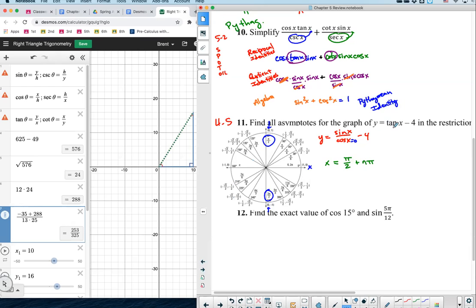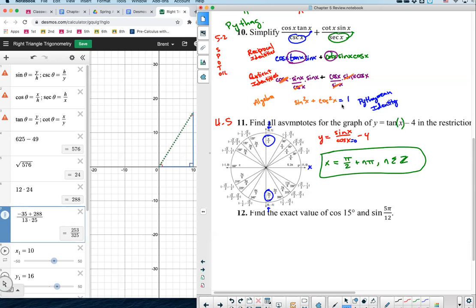These trigonometric functions are periodic, which means they repeat after a certain period. For asymptotes, they repeat every pi unless there are any horizontal transformations, which this problem has none. Remember, that would occur on the inside with the x, and this has none. So this would be where all asymptotes appear, where n is an integer. I'm going to say n is an element of Z, meaning n is an integer.